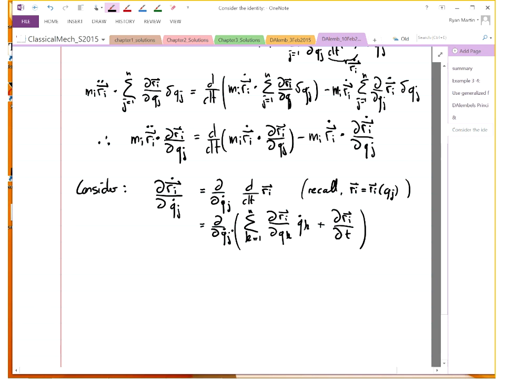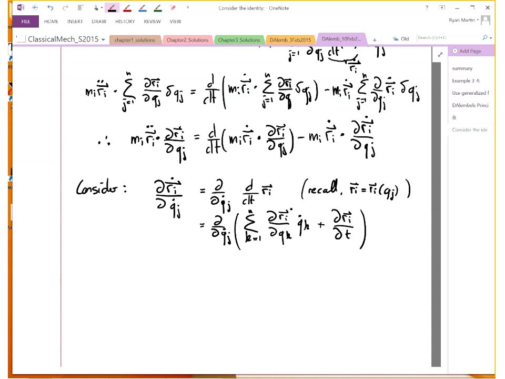So you can think of the q_j's, maybe say, as the Cartesian coordinates. So ∂/∂q_j dot maybe means ∂/∂x dot. So I have this sum here. The sum is going to be a bunch of things times q dot when k equals 1, q dot when k equals 2.